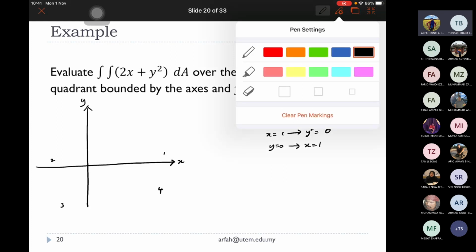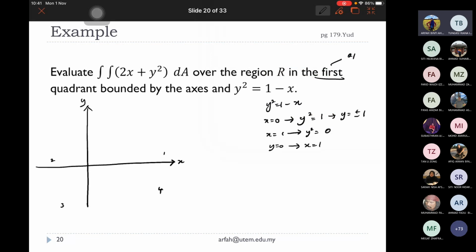So awak dapatlah semua titik-titik ni. Bila Y sama dengan kosong, X sama dengan 1, dekat sini ada. Bila X sama dengan kosong, Y sama dengan plus minus 1. So itu adalah dia punya titik. Negatif 1 dan juga 1. Okay. Bila X sama dengan 1, Y sama dengan kosong. Betul lah?